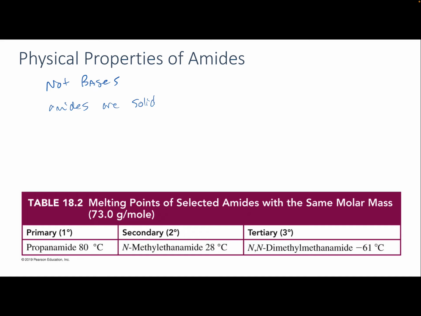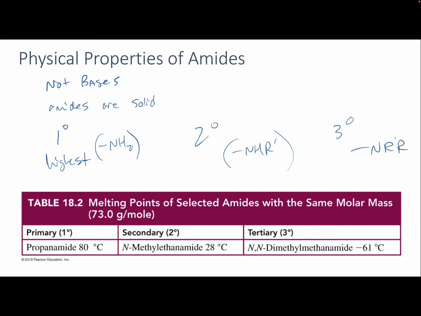Primary amides have the highest melting points. And that's because the NH2 group can form the most hydrogen bonds. The secondary amides are slightly lower because there's some other group on there, only one H. And then the tertiaries, 2 groups, 2 different ones, R1, R2.